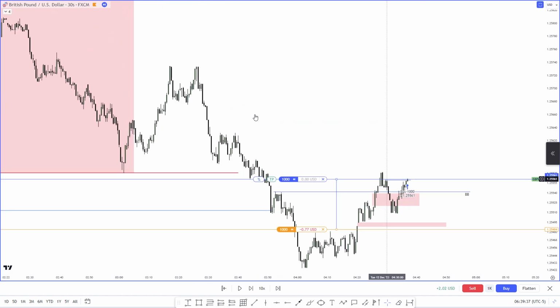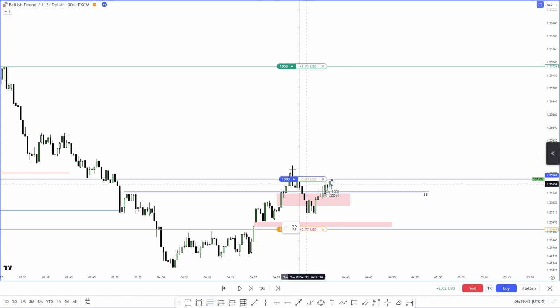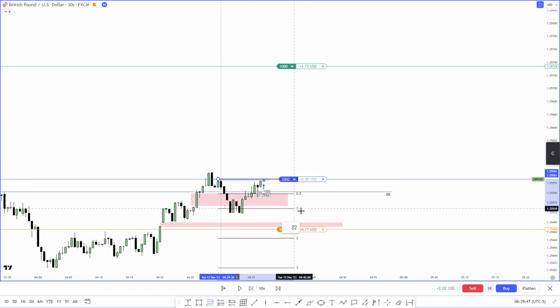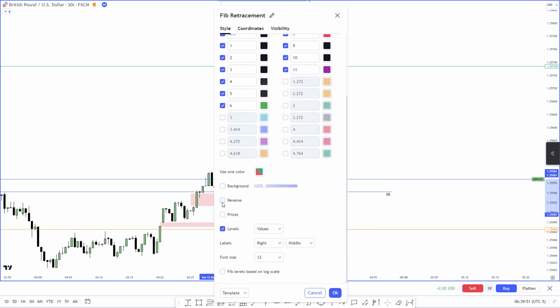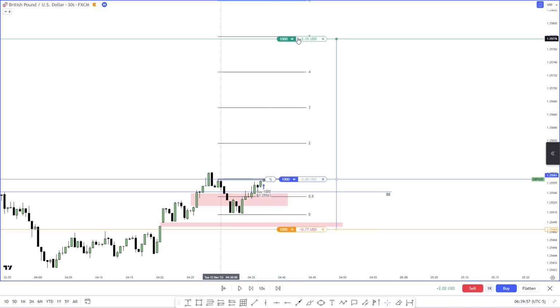Which is initially right there, right? Then using standard deviation projections, I would pretty much place it like this. Then we can reverse it. Then target would be right there, right?